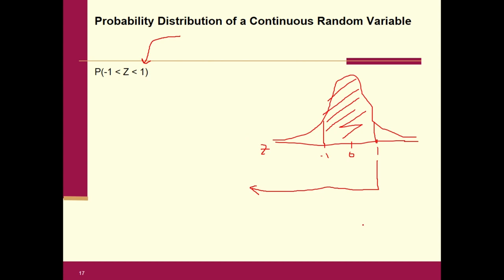But we were supposed to stop at negative 1, and we didn't stop. So it sounds like we need to subtract something. What do we need to subtract? We need to subtract off this area. If you have this area and subtract off this area, you're left with the stuff in between.